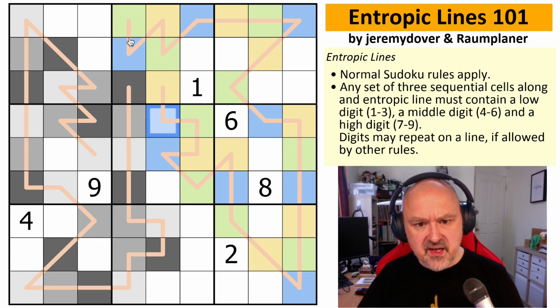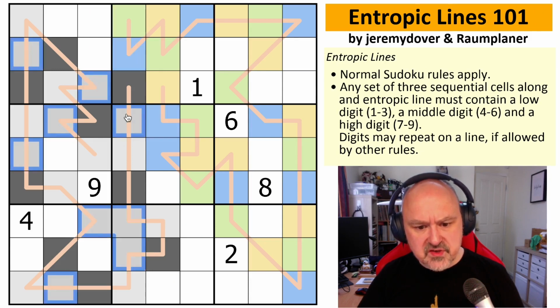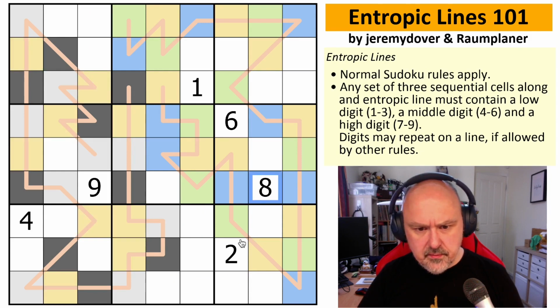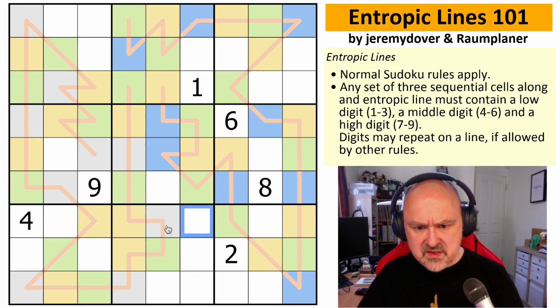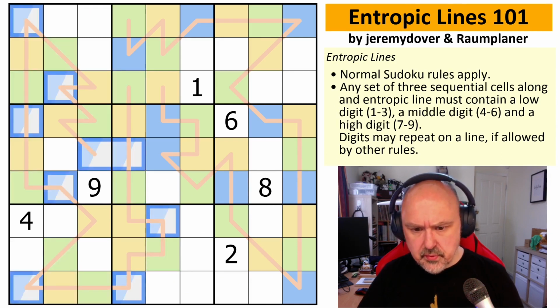So middle grey can't be green or blue, or I'd end up with 4. So middle grey must be yellow. So now I'm looking for a conflict on blue or green, and I've got one there. Because if black was blue, I'd have 4 blue. So black must be green, and that means light grey is blue.